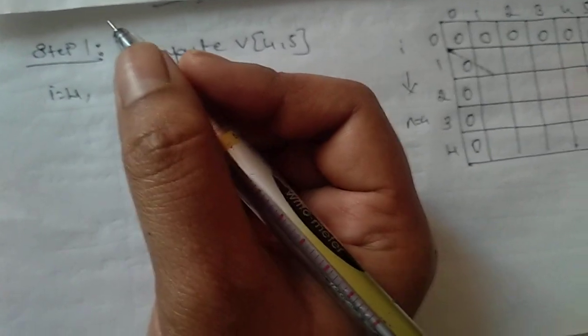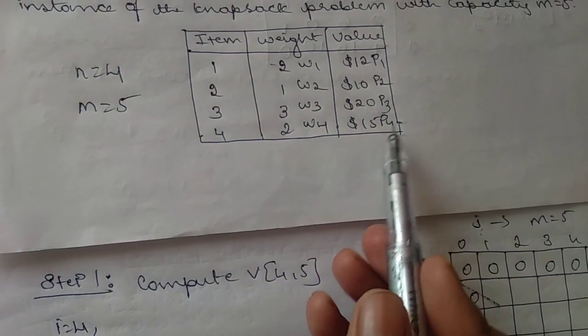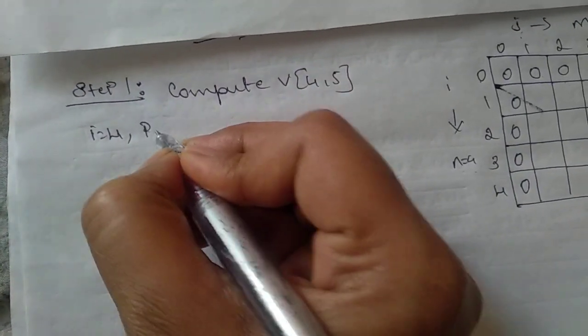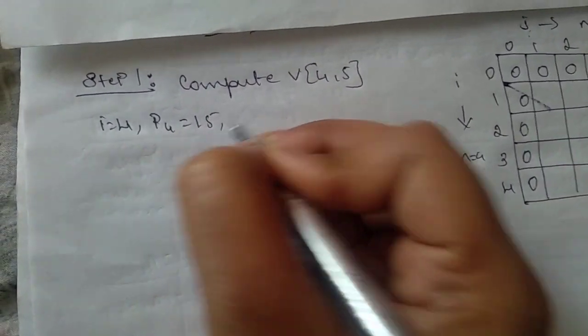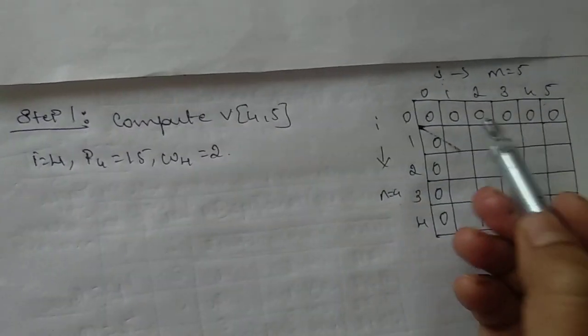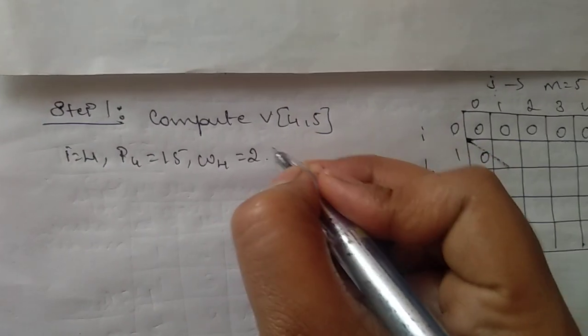If i is equal to 4, what is the profit and weight? Weight W4 is equal to 2 and P4 is equal to 15. And what is the j value you are taking? j value you are taking as 5.